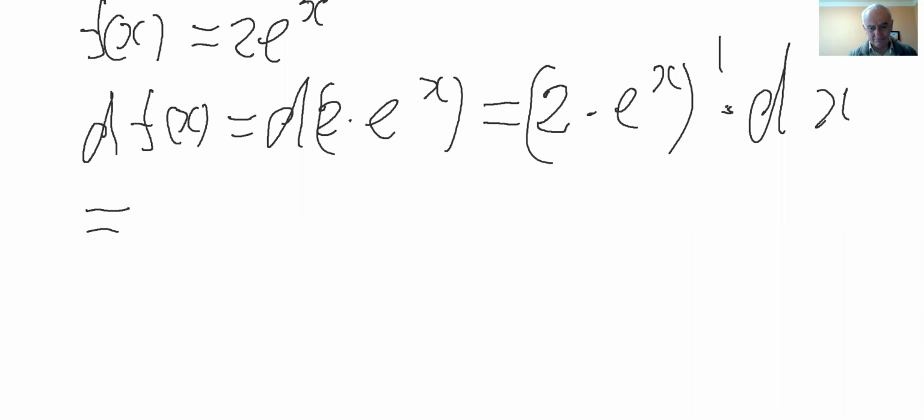Yes, I agree. It will be the same because 2 is constant and we can move it out of the derivative, and derivative of e to power x is again e to power x. So it's 2 times e to power x.